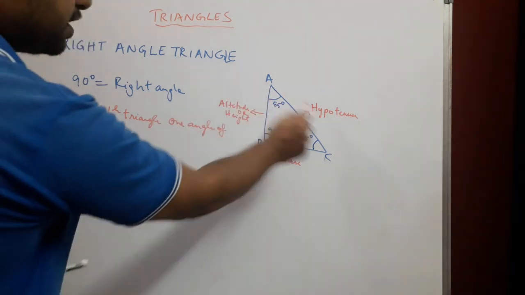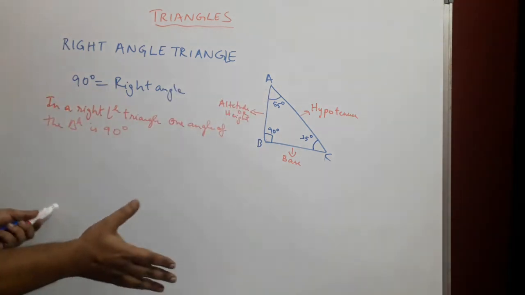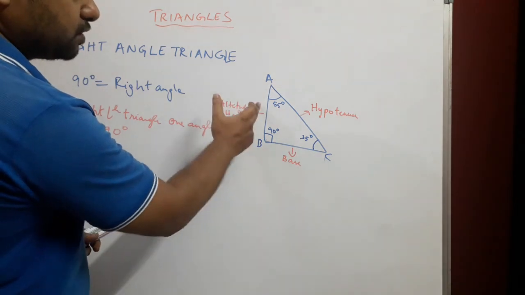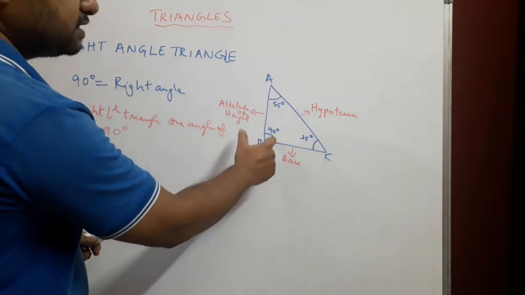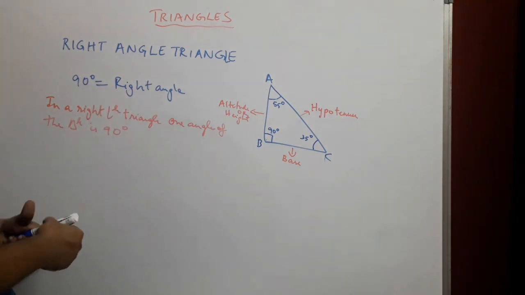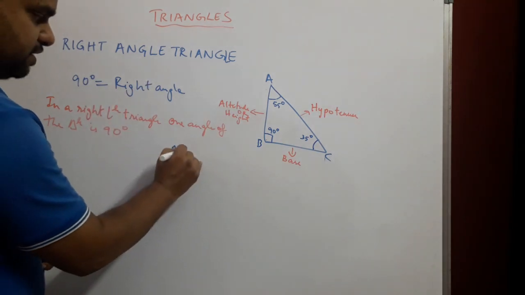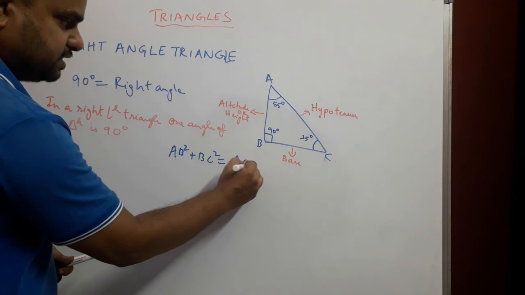That is how we mark a right angle triangle, and these markings are important when it comes to the Pythagoras theorem. I'm not going to do it in detail over here because we do it in another video. The Pythagoras theorem only says that the sum of the squares of the two sides adjacent to the right angle is equal to the square of the third side. So as per the Pythagoras theorem, AB square plus BC square is equal to AC square.